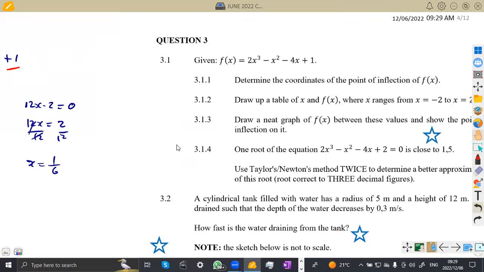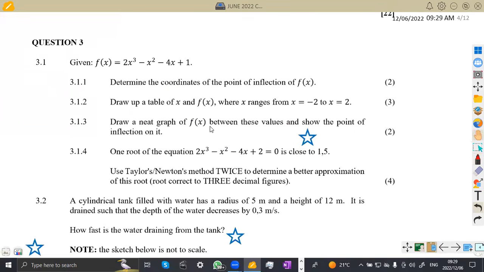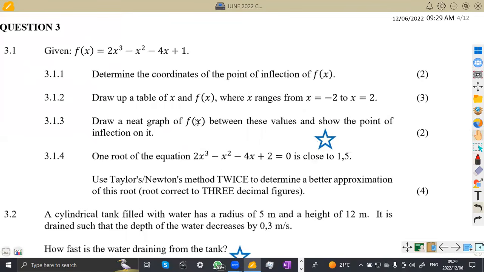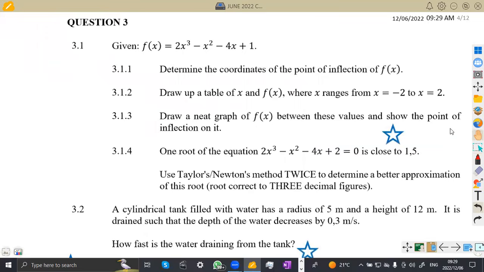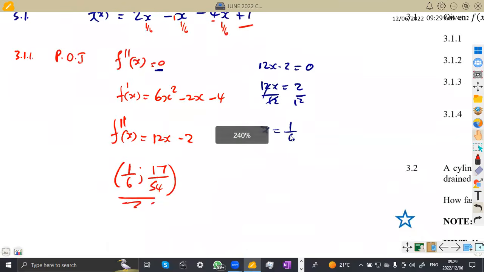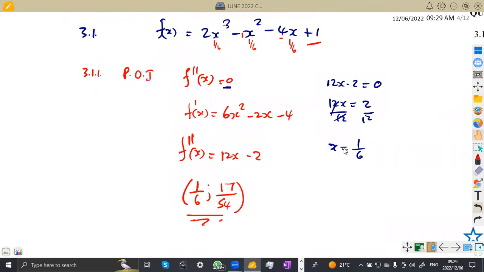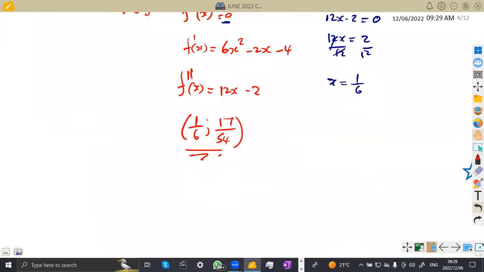Let's see 3.12: draw up a table of values of x, actually f of x, which ranges from -2 to 2. You're just taking this function that you already have. This is just a table, guys. Remember your f of x was 2x cubed minus x squared minus 4x plus 1.